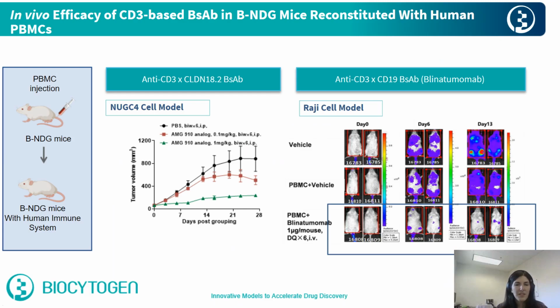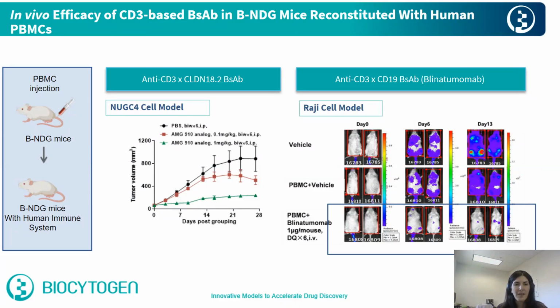So here are some example efficacy studies for CD3-based bispecific antibodies in BNDG mice reconstituted, in this case, with human PBMCs. On the left-hand side, the BNDG mice were engrafted with human PBMCs and then inoculated with NUGC4 gastric adenocarcinoma cells.